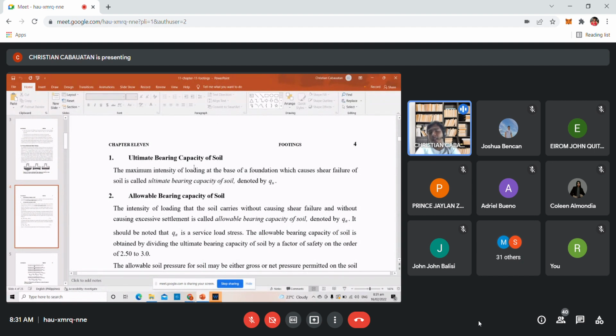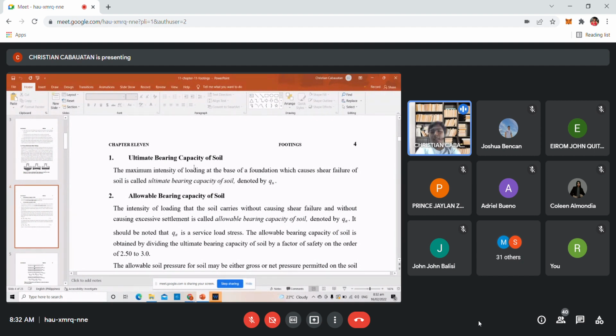And on the other hand, the allowable bearing capacity of soil is the intensity of loading that the soil carries without causing shear failure and without causing excessive settlement, no?